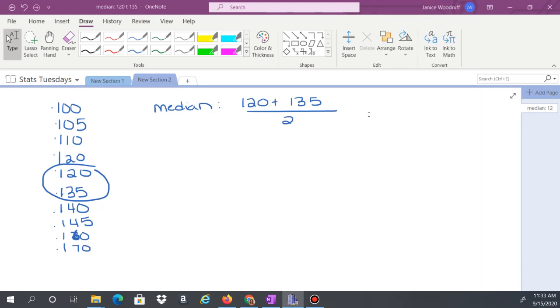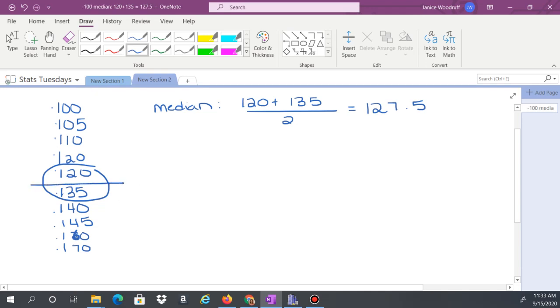So that's 127.5. Okay, then let's find quartile 1. Let's split this right here in the middle. So quartile 1 is going to be 110. And quartile 3, 145.